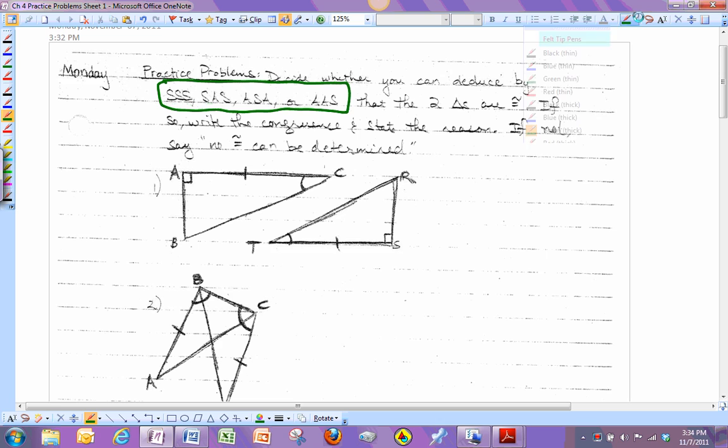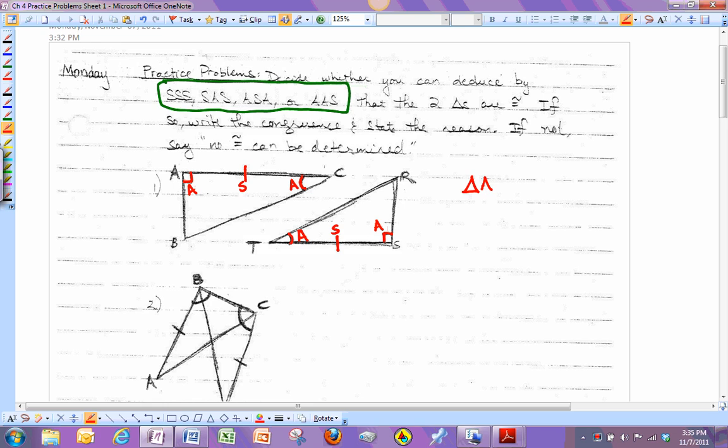So let me get a colored pen here. If you notice in number 1, right away, I've got a pair of right angles, I've got a pair of congruent sides, and I've got another pair of congruent angles. So I've got an angle here, a side here, and an angle over here, and they match up with this angle, this side, and this angle. So automatically, I've already got triangle.